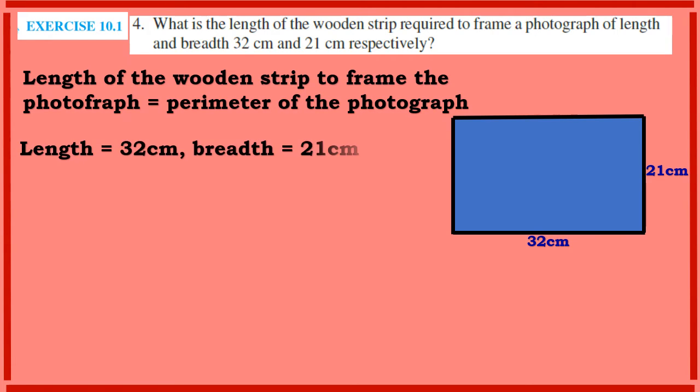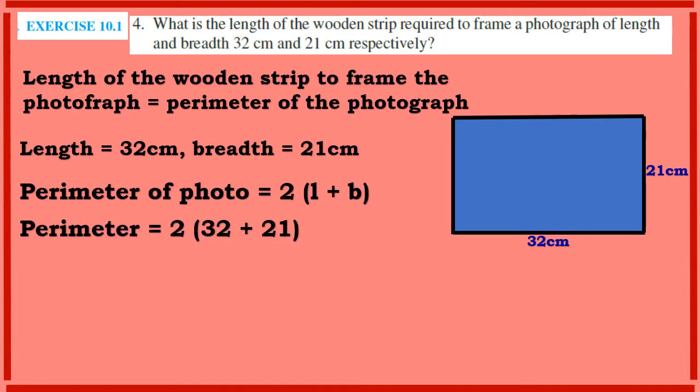Perimeter of the photograph is equal to 2 into (L plus B). So 2 into (32 plus 21), which is equal to 2 into 53, that is 106 centimeter. Since it is more than 100, I can convert and write it as 1 meter 6 centimeter. 06 also correct, 1 meter 6 centimeter.